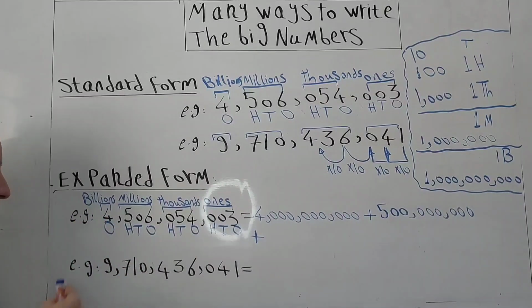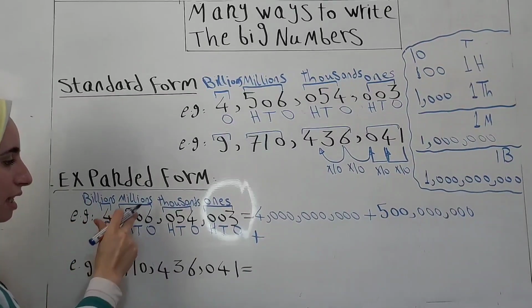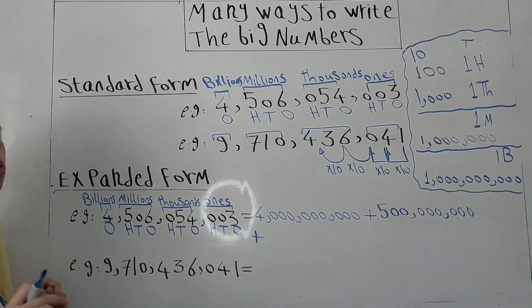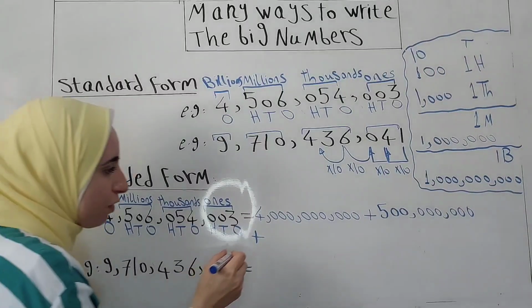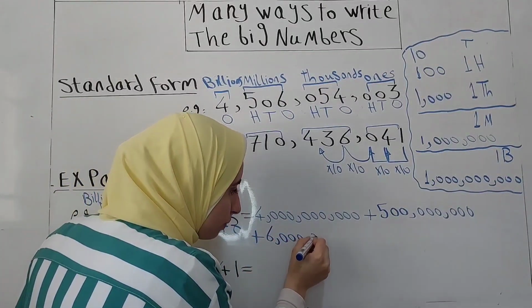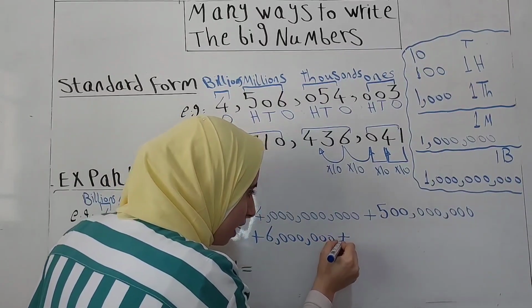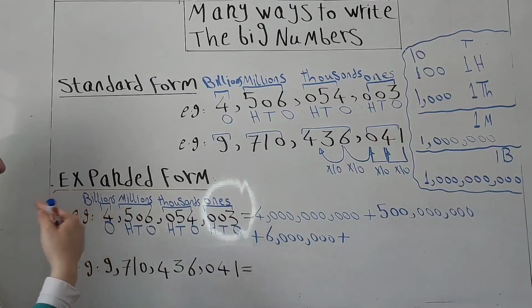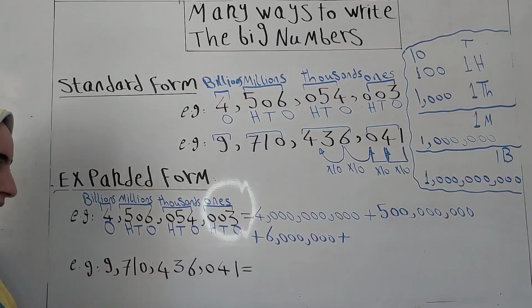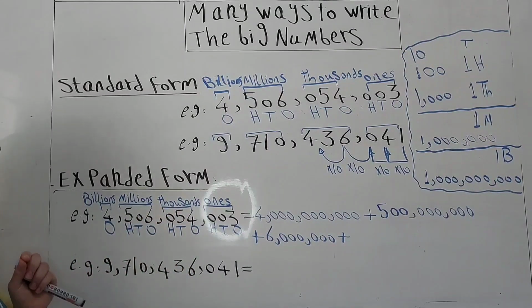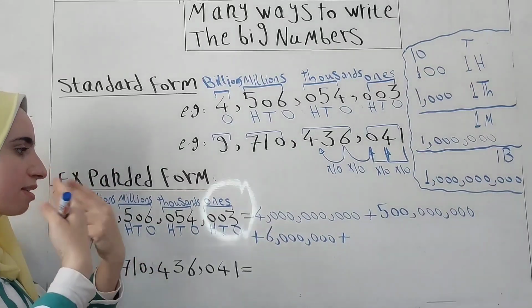The next digit is 6. 6 is in the millions place, so we write 6 million. First we write 6, then 6 zeros. Then we write a plus sign. The next digit is 0, and its value is 0. The next digit is 5. 5 is in the ten thousands place, so we write 50,000.